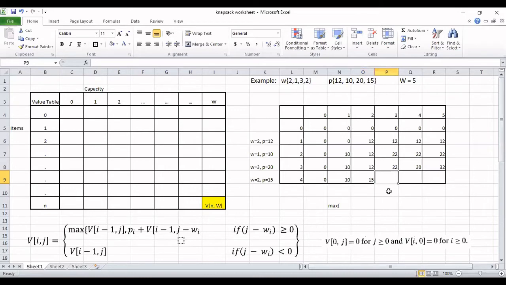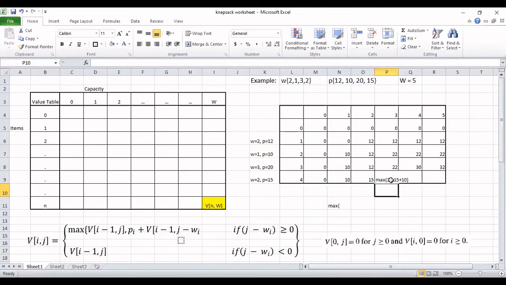We can accommodate, right? So when we can accommodate, it becomes max of previous profit, that is 22, then the current item's value, 15, plus V of I minus 1, J minus WI, which is 10. So 25.